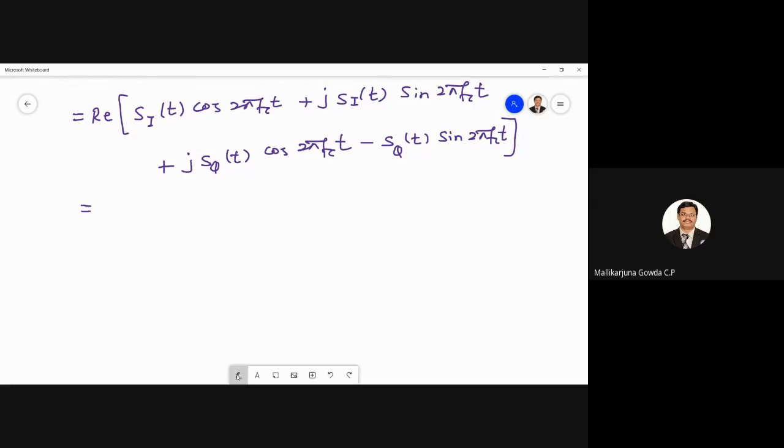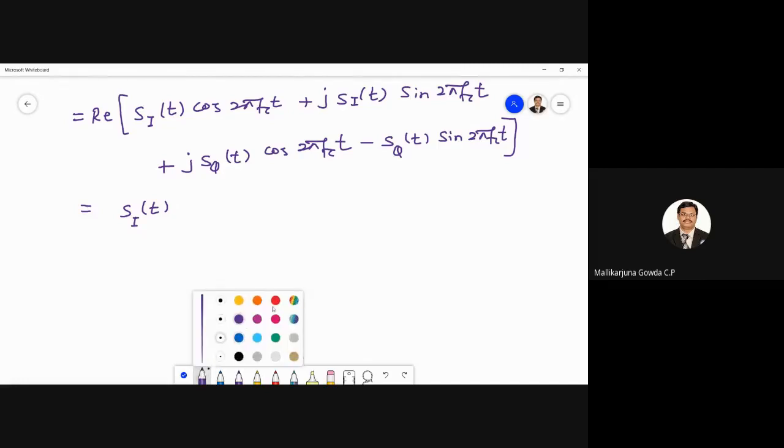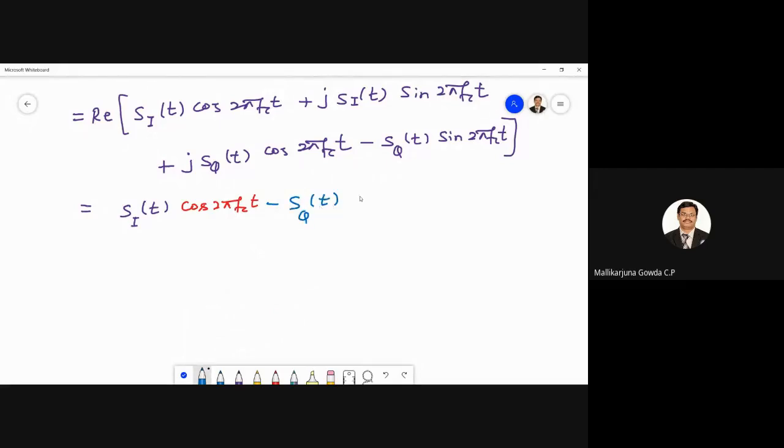I can write s_I of t into cosine of 2 pi fct, minus s_Q of t into sine of 2 pi fct.